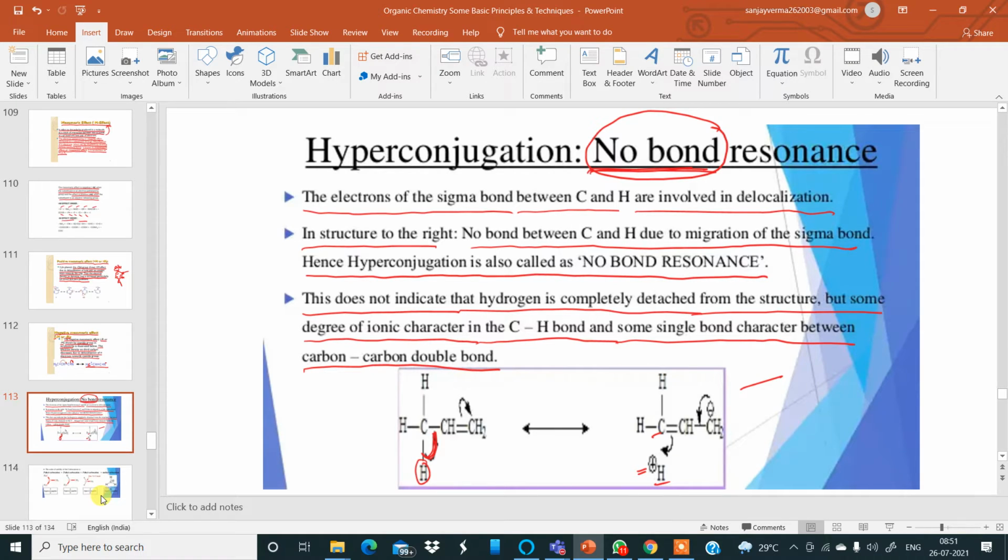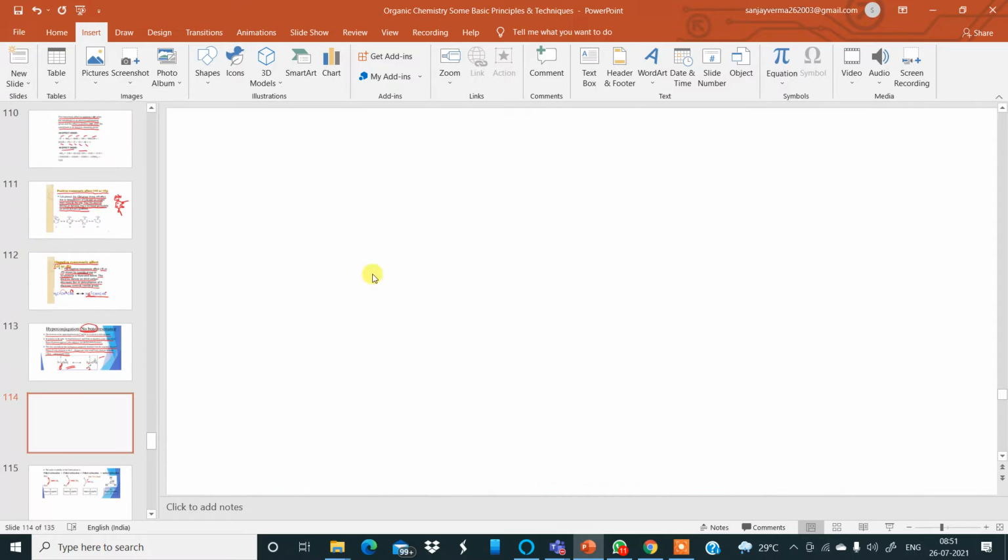One very good example is shown in the diagram illustrated below. I can show you one example of hyperconjugation myself. Let me introduce a new slide to explain that hyperconjugation effect.